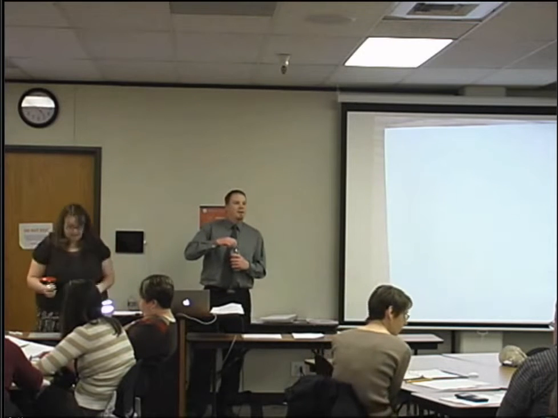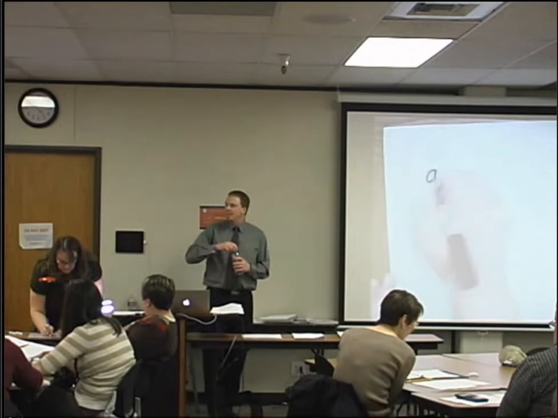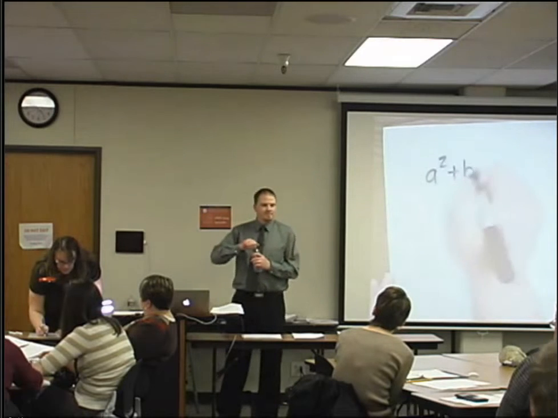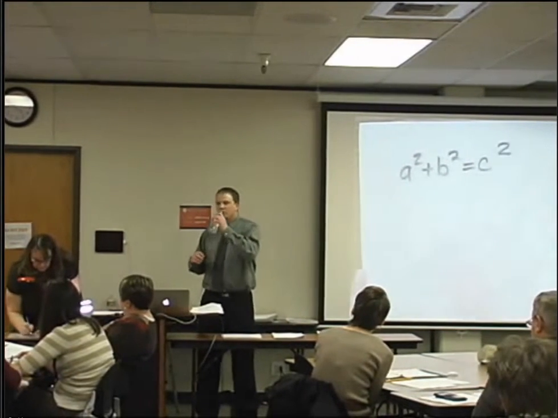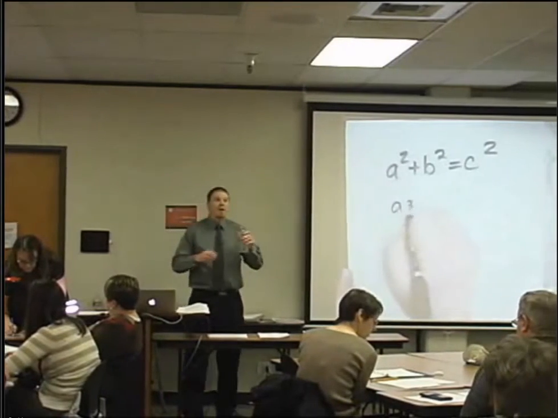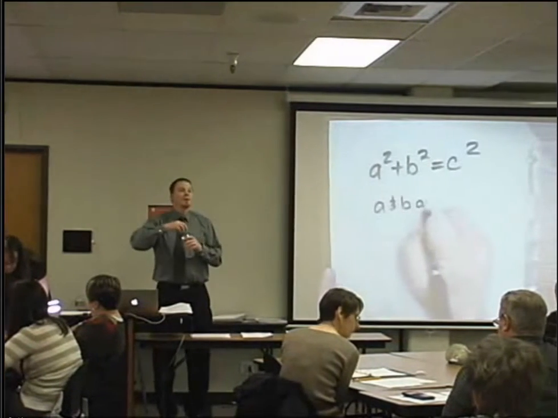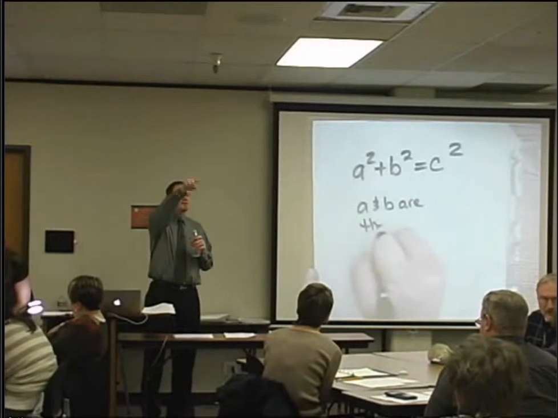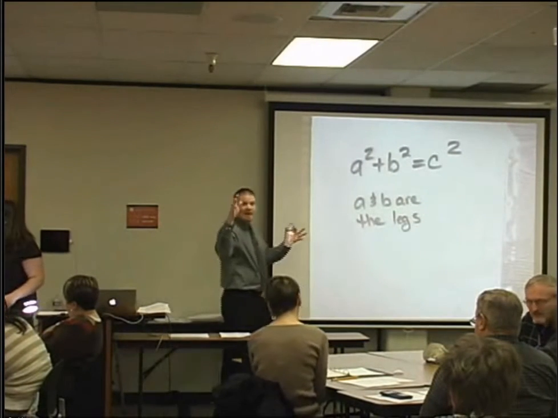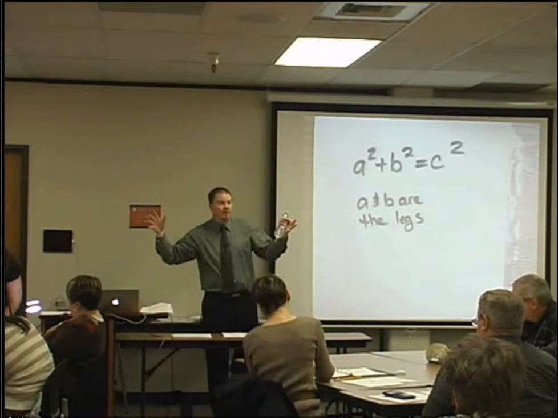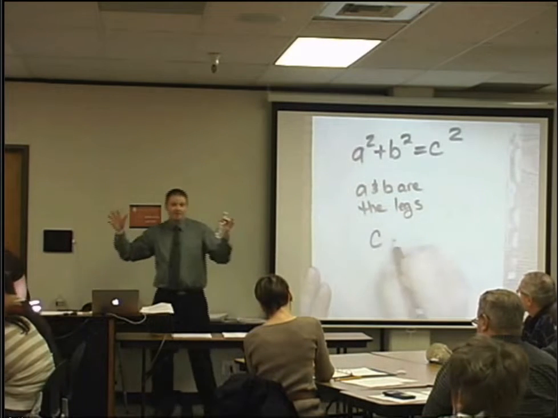All right, and what is a, b, and c in that equation? So a squared plus b squared equals c squared. The legs of a right triangle and the hypotenuse. Great. I'm loving the vocabulary I'm hearing here. So Steve said that the a and the b are the legs of the right triangle.